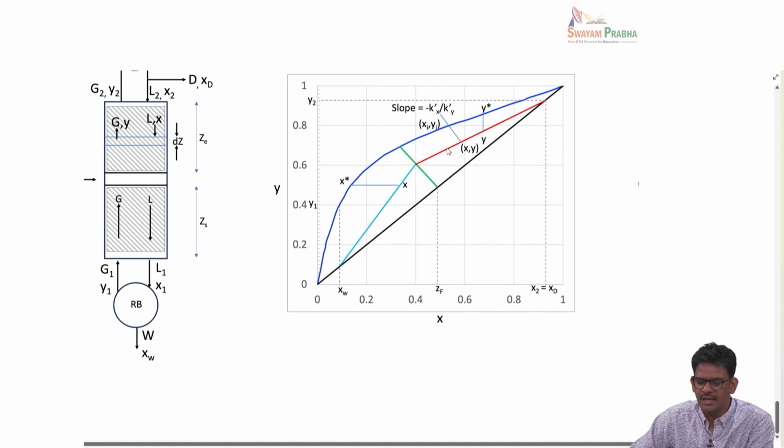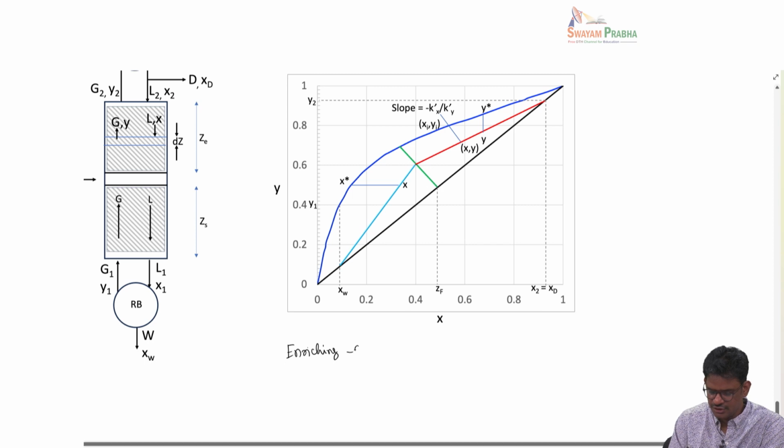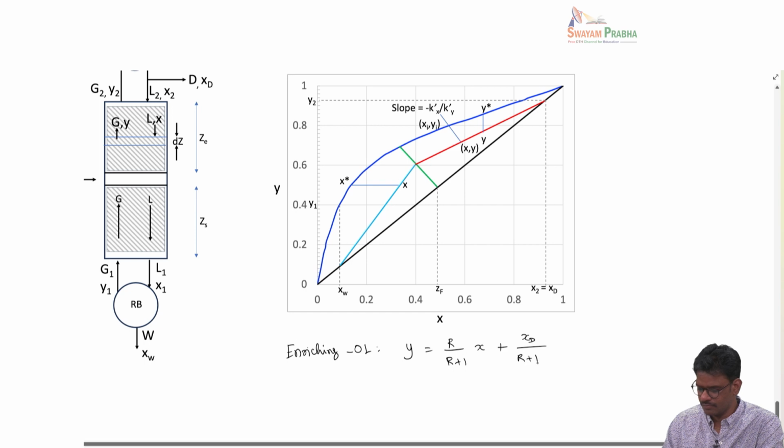Okay, and the operating lines are obtained based on the McCabe-Thiele method, doing a mass balance, and then you will get the enriching operating line. The enriching operating line is based on the reflux ratio, and then the exhausting line.